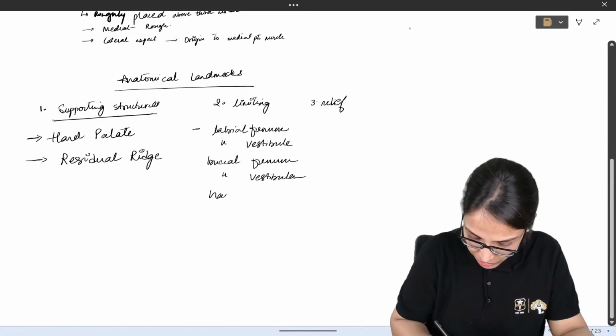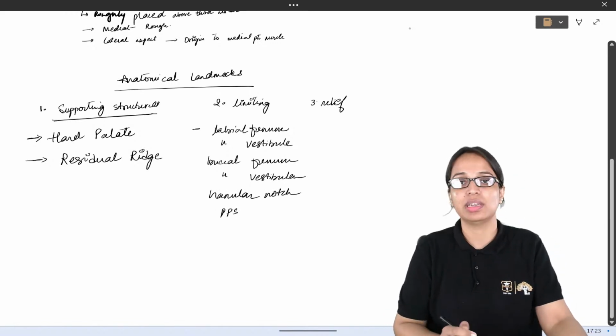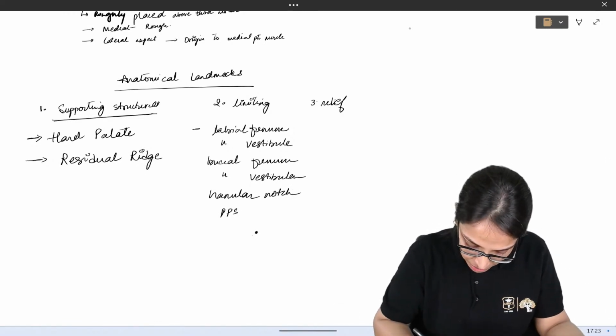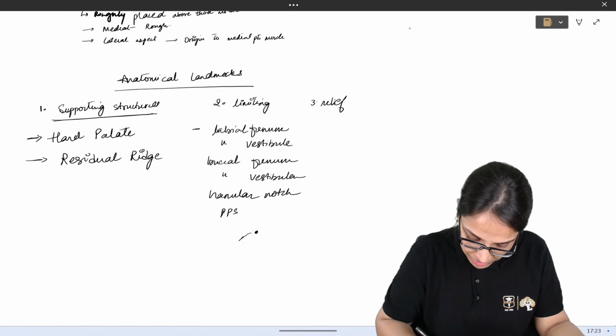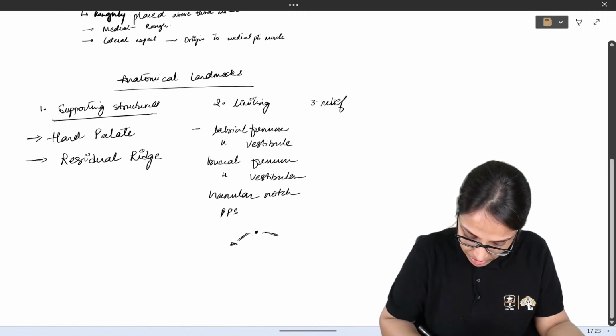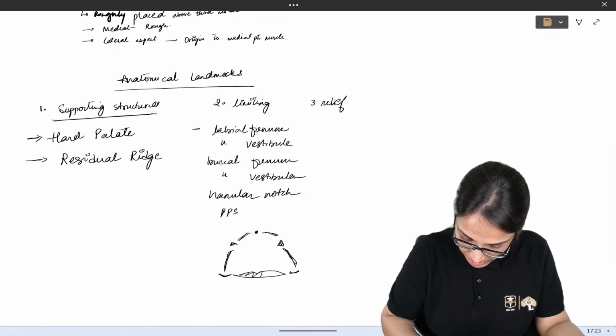Then you have a structure posterior to the tuberosity, which is called the hamular notch, and then you have your posterior palatal seal area. So you have a frenum anteriorly, the labial frenum, then the labial vestibule, then the buccal frenum, then the buccal vestibule. Then we have our hamular notch posterior to the tuberosity, and in between them we have a posterior palatal seal area.